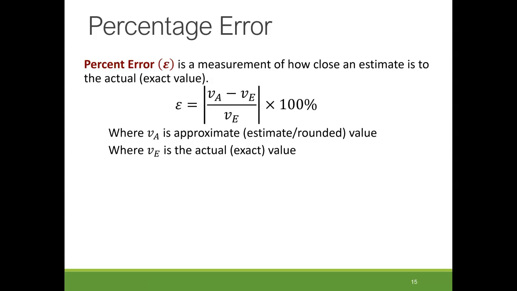Again, hopefully this looks familiar from your science class. So when you make a measurement, right, you perhaps have a known value. Say you do a chemistry experiment, and you're trying to figure out how much acetaminophen is in this tablet.